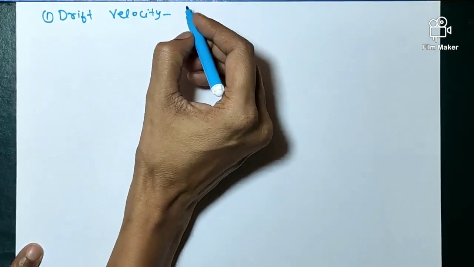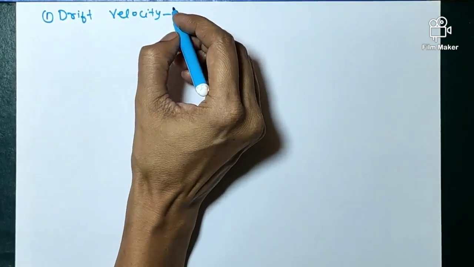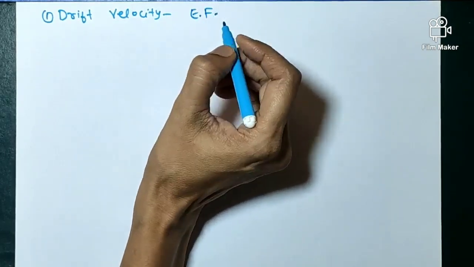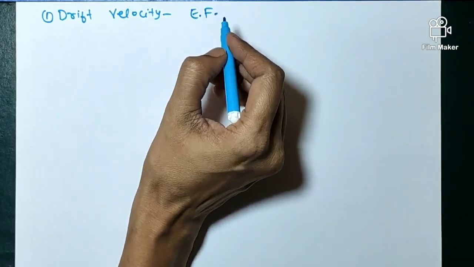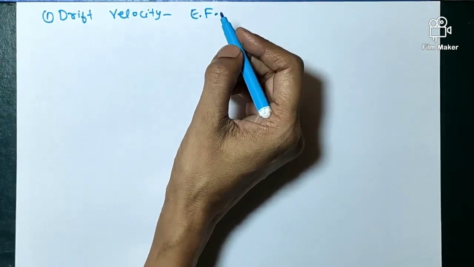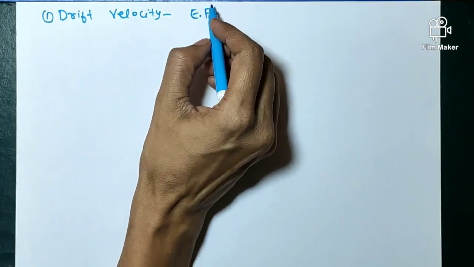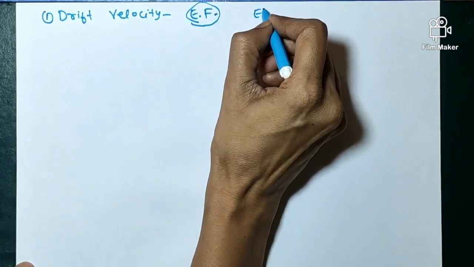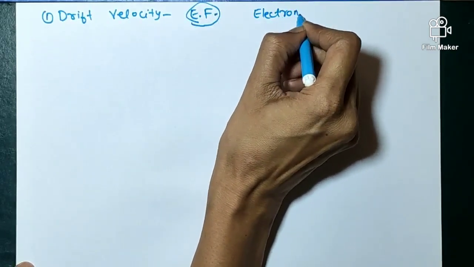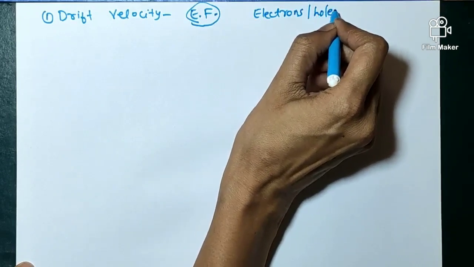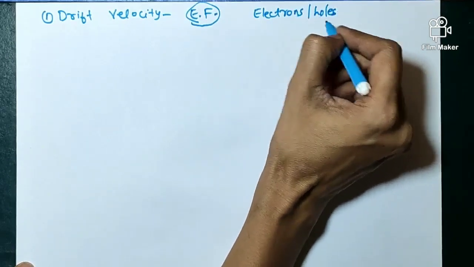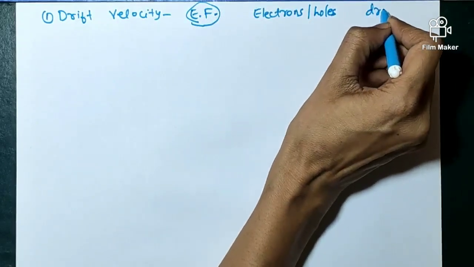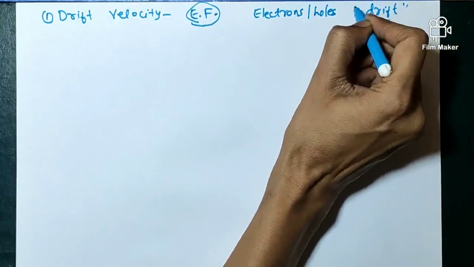So the drift is given to the particles, which may be electrons or holes, due to the electric field. They are pulled by the effect of this electric field, and that we call drift.